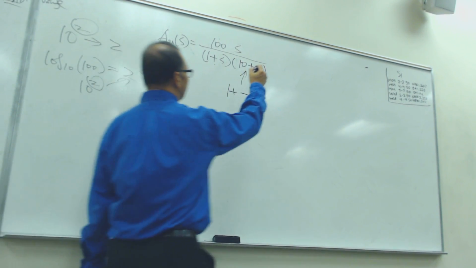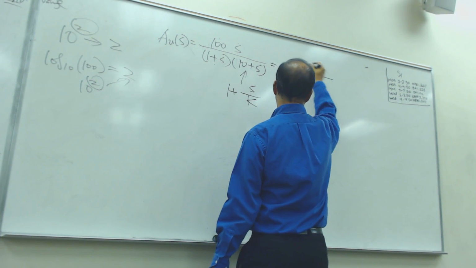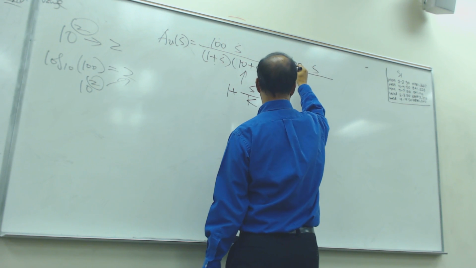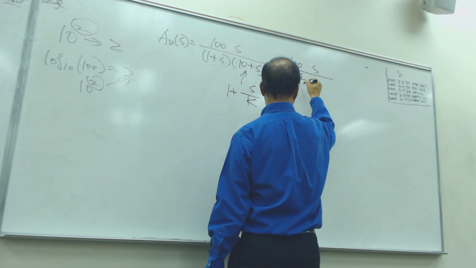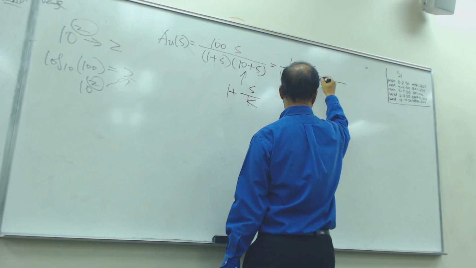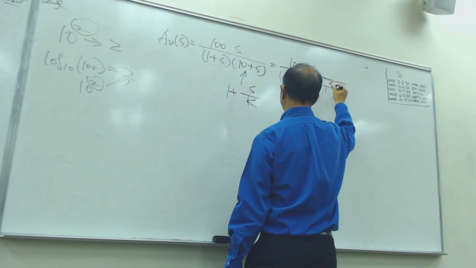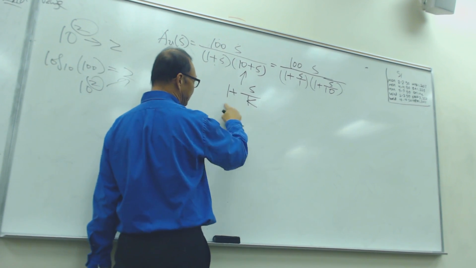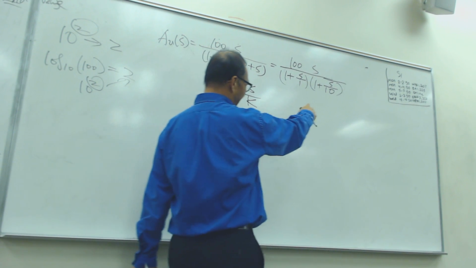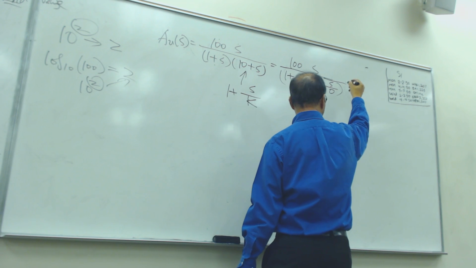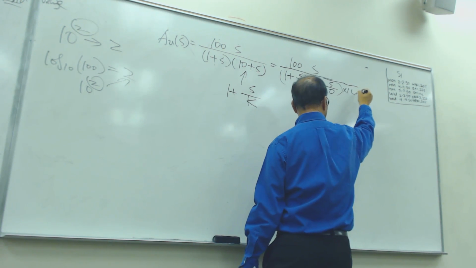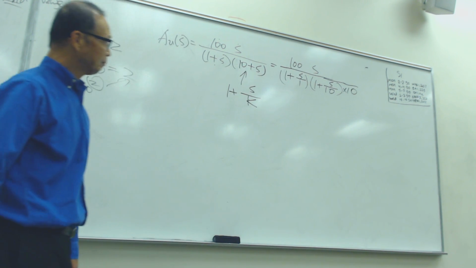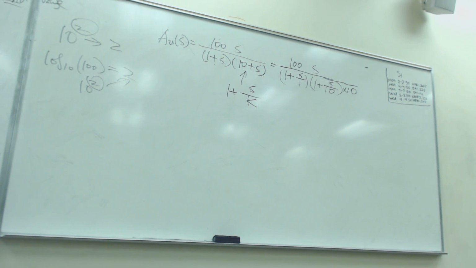So if you do that, then this will become 100S over (1 plus S over 1) times (1 plus S over 10), correct? If I want to use this type of format, in order to do that, I have to multiply this by 10, correct?